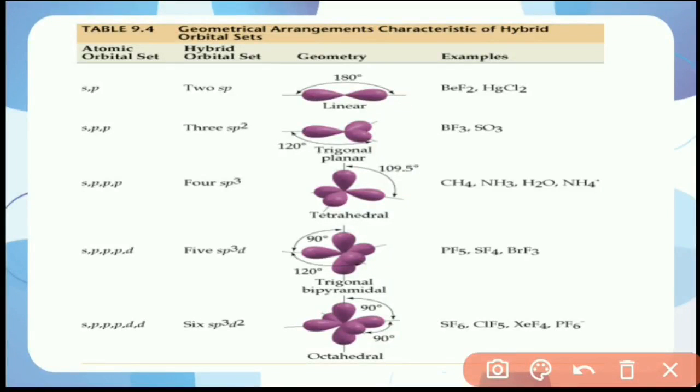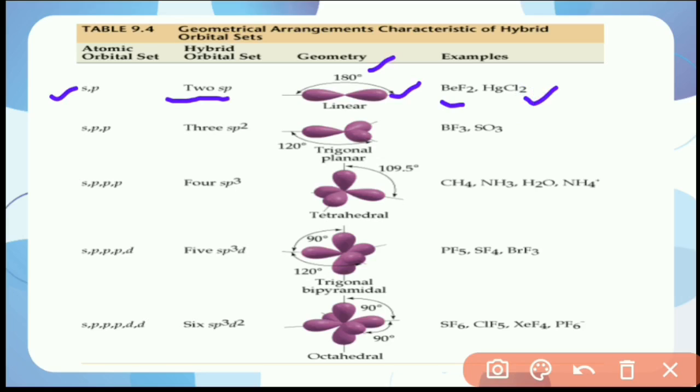Let's summarize all types of hybridization in this table. First hybridization is sp hybridization. In this hybridization, 2 new sp hybrid orbitals are formed, and these hybrid orbitals are arranged linearly, and the angle is 180 degrees. Other examples of sp hybridization are beryllium fluoride and mercurous chloride.